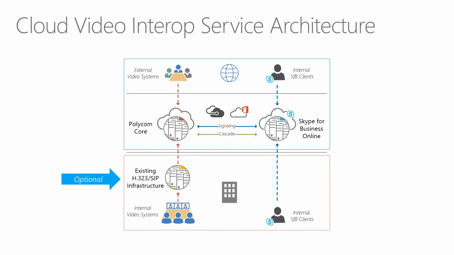The other thing I'd like to talk about from an architectural standpoint is that in most scenarios, enterprises will have existing H323 or SIP infrastructure. Examples would be Cisco CUCM, it could be Polycom DMA, and when we launch, we're not suggesting that any of that gets ripped and replaced.